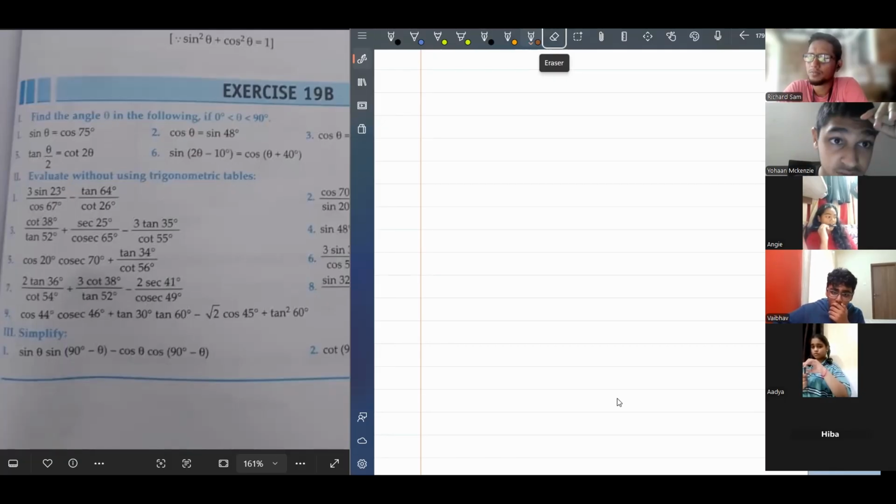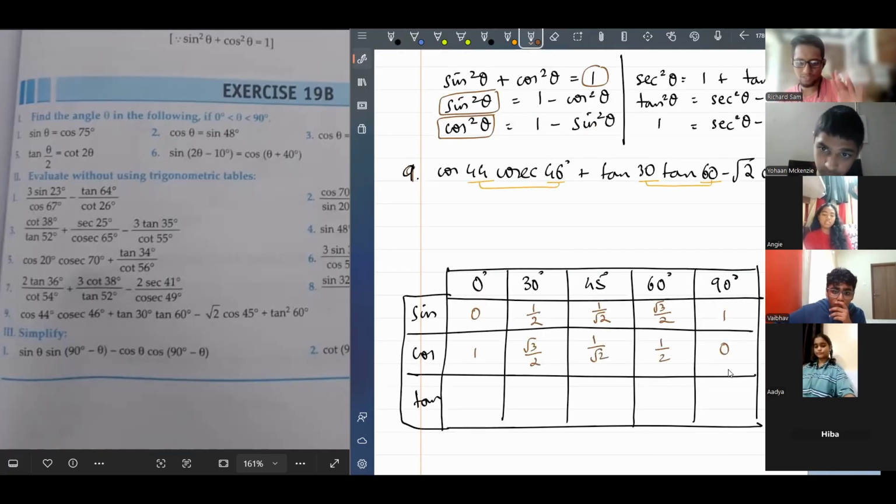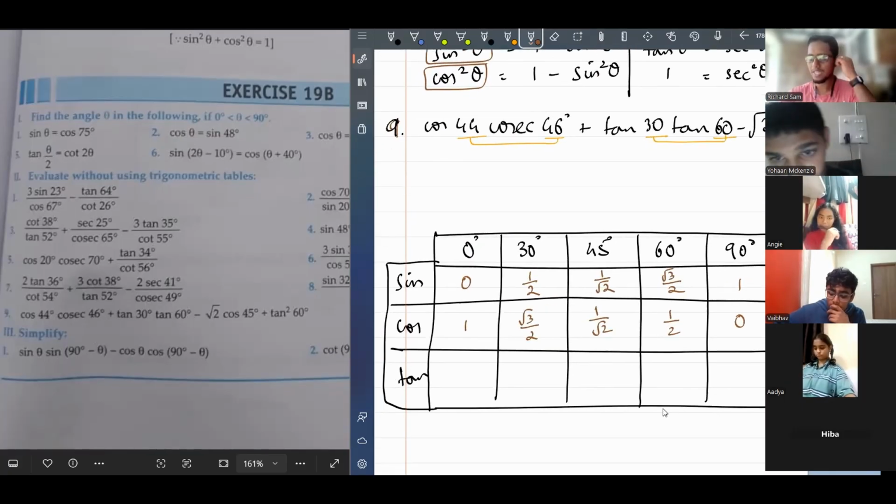Root 3 upon 2. As I call your name, just unmute your mic. Don't wait for the question to get over. Adya, what is cos 0 degree? 1. Angie, what is sine 90 degree? 1. Vaibhav, what is cos 45 degree? 1 upon root 2. So I think all of you have got the values of sine and cos. Remember this, sine is from 0 to 1. Cos is from 1 to 0.